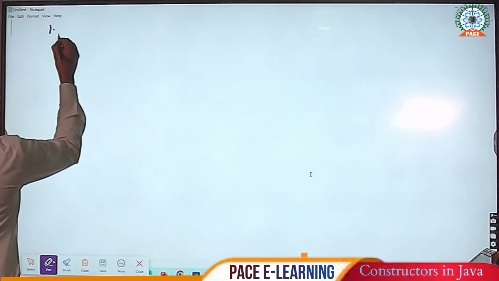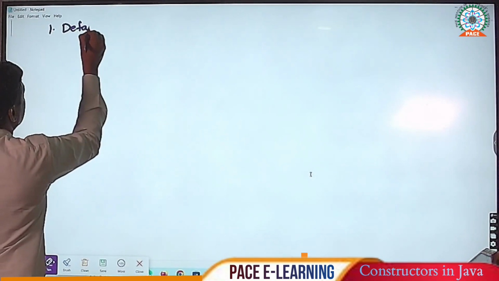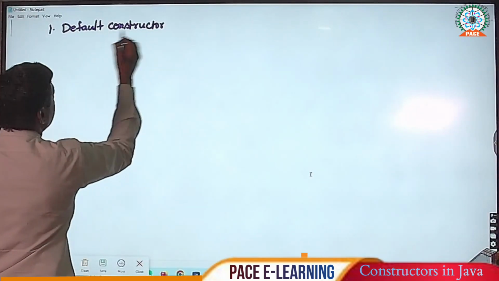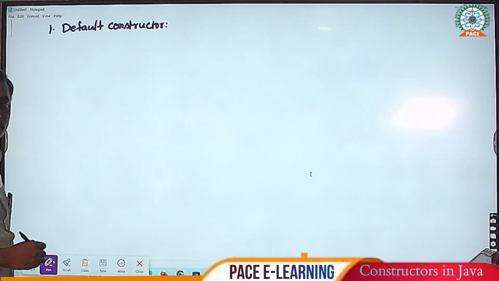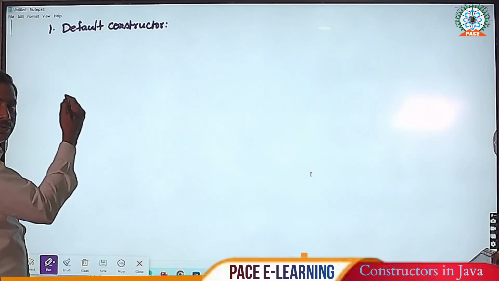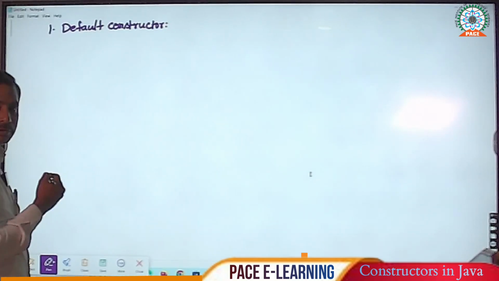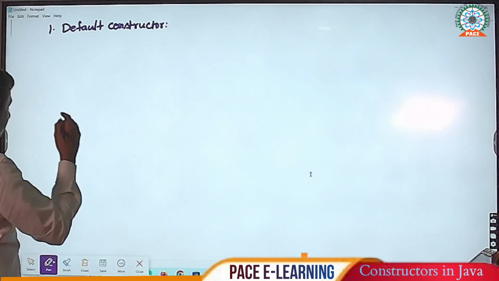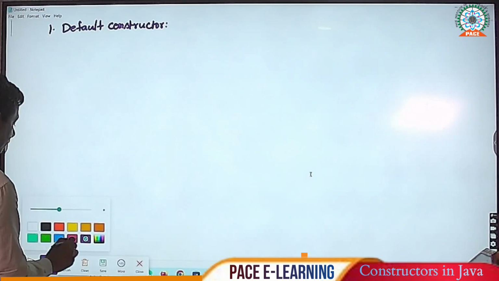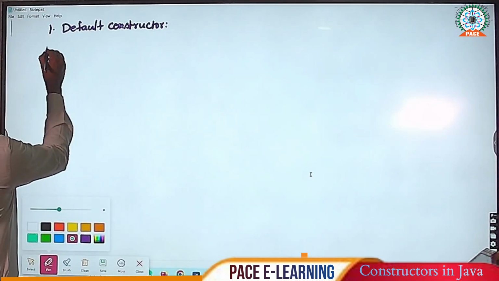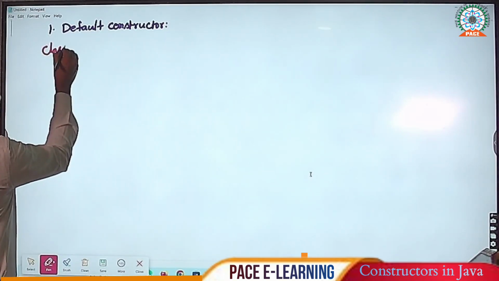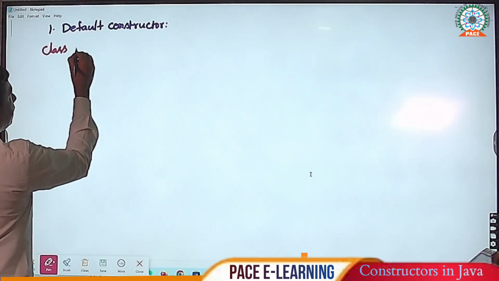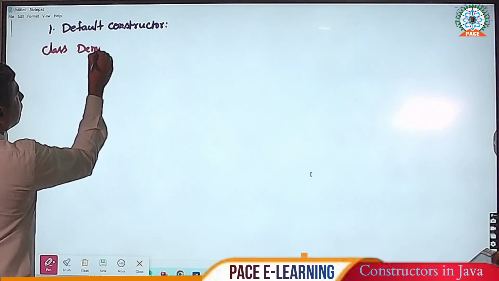Number one is the default constructor. I am going to write one suitable example. From that example, you can easily understand what a default constructor is. Here I am writing a very simple example. It is a class, and the class name is Demo1.